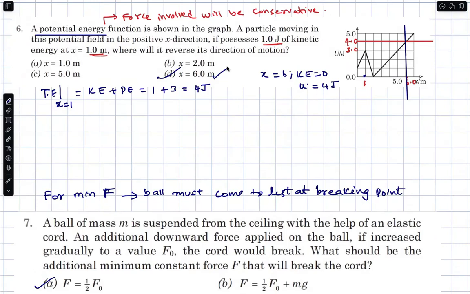Remember, the graph says F is equal to minus dU by dx. Slope is positive, so force is negative. Means at x is equal to 6, where this is x is equal to 0 and this is x is equal to 6, it experiences a force towards the origin.